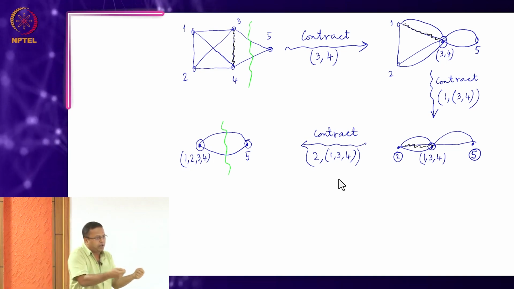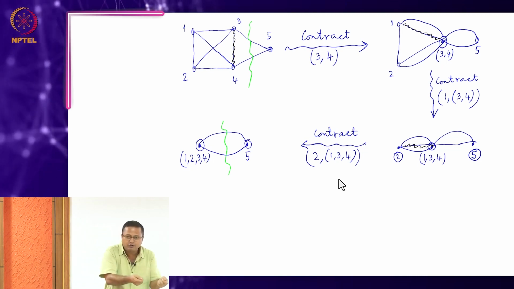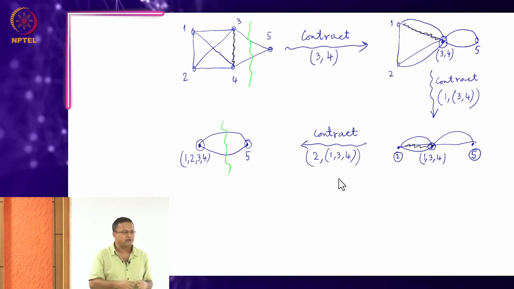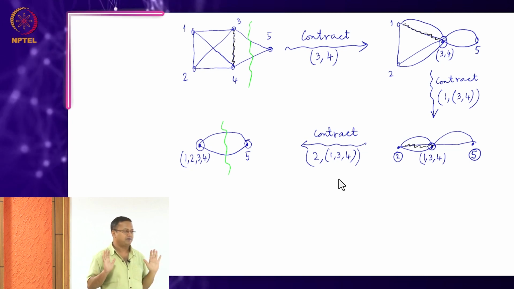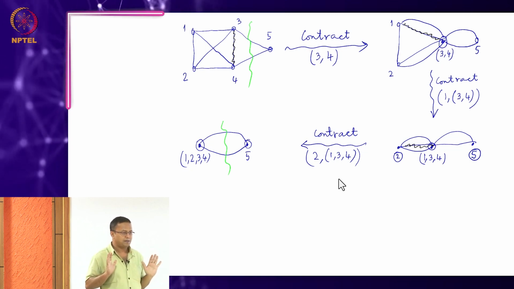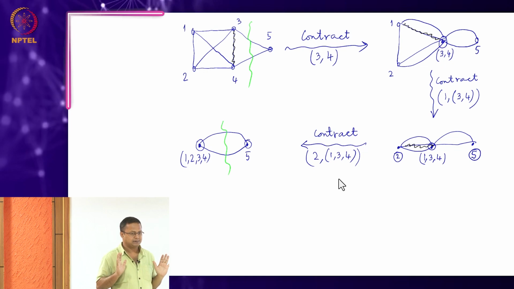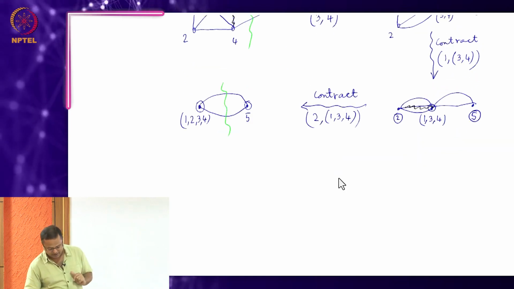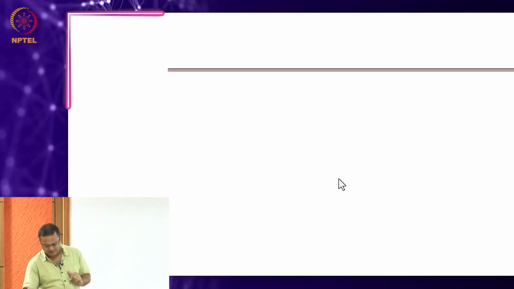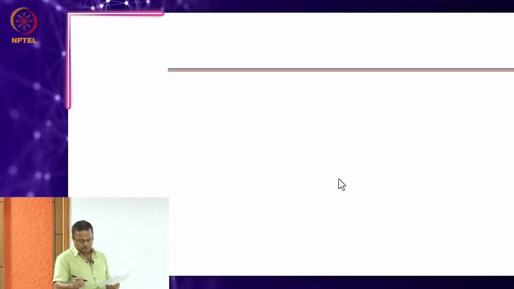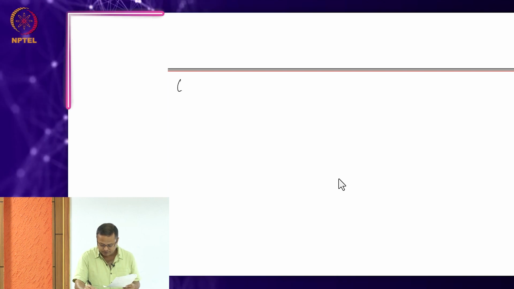But while doing this collapsing, if I ever touch one of those edges in the min cut, then I will make errors. Now what you do is, to get yourself convinced, you look at this sequence of contractions.